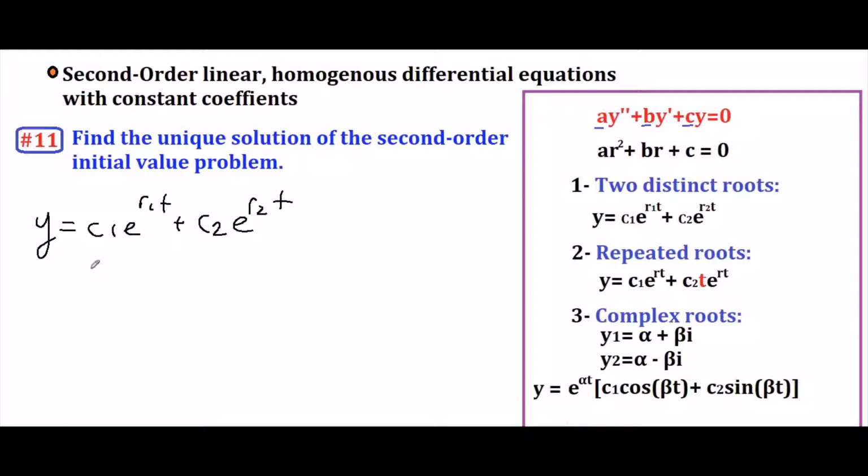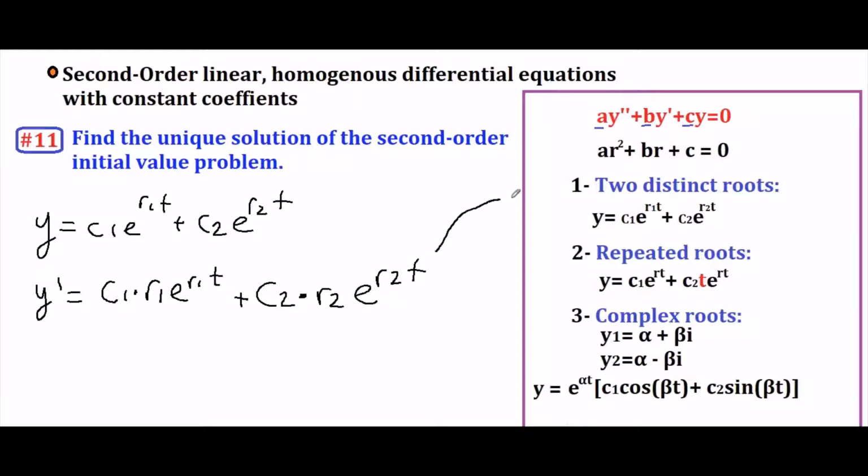We're going to take the derivative of this. So y prime will be equal to c1 is the constant, so the derivative of e to the r1t is r1 e to the r1t, plus c2 is the constant, and the derivative of e to the r2t is r2 times e to the r2t. Now we found the derivative of this. Let's plug this in here.